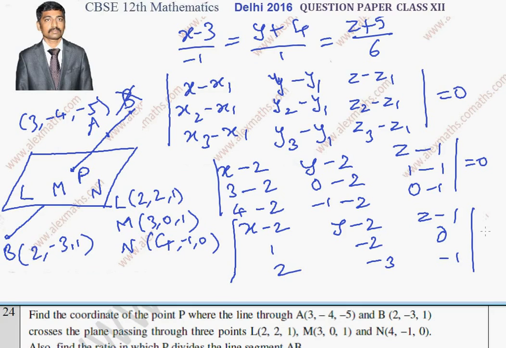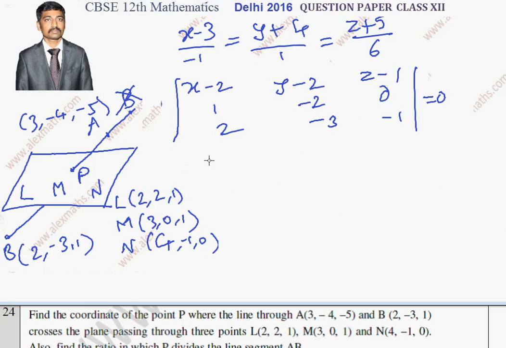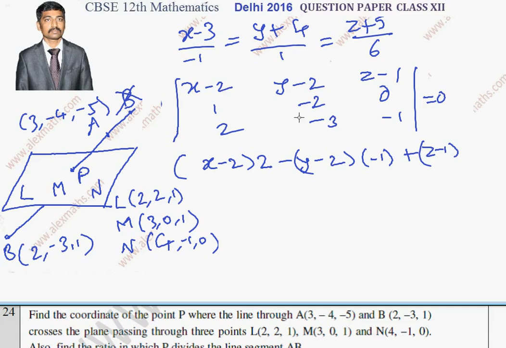Okay, we'll expand this determinant. So this is going to be (x minus 2) into 2, minus (y minus 2) into minus 1, then plus (z minus 1) into minus 3 plus 4, so 1, totally equal to 0.